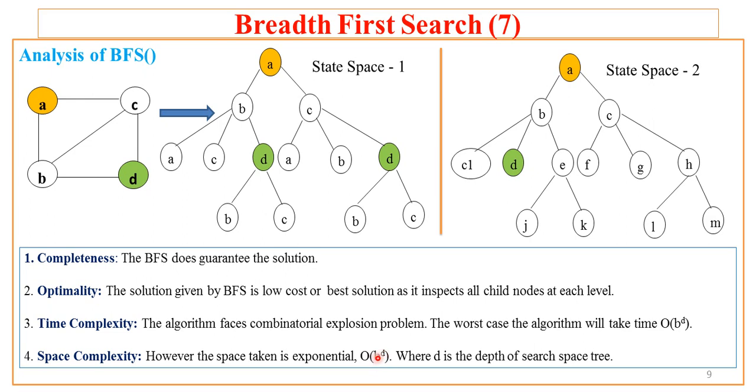What is b? b is the branching factor. What is d? d is the depth. So the more levels you visit, the more is the value of b raised to power d. That's why the state space is exponential, whereas in case of DFS it is linear. So this is the difference between BFS and DFS.